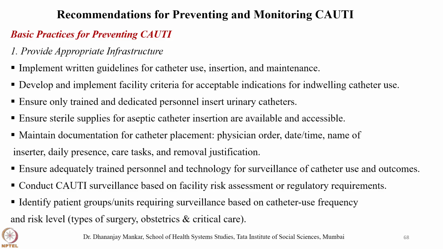Conduct quality surveillance based on facility risk assessment or regulatory requirements, because sometimes some facilities may have more load of this infection than others. Identify patient groups or units requiring surveillance based on catheter use frequency and risk level, that is, according to the type of surgery, obstetrics or critical care, because these are the three major areas where you may find a lot of CAUTI infections.